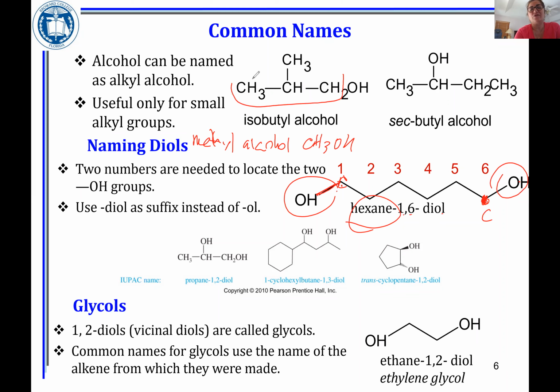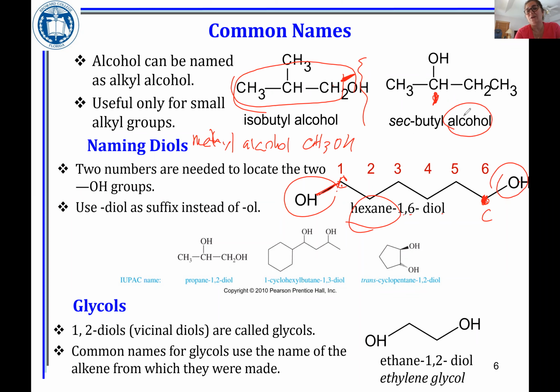In this case, if you have an isobutyl group carrying the OH, it is called isobutyl alcohol, because if this branch was attached from this carbon to another main carbon chain, you would name this as isobutyl. The alkyl group was isobutyl. But if it's attached from the second carbon, that would be sec-butyl. And since OH is attached to the second carbon, it's called sec-butyl alcohol.